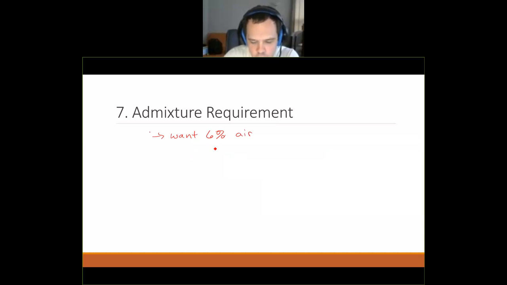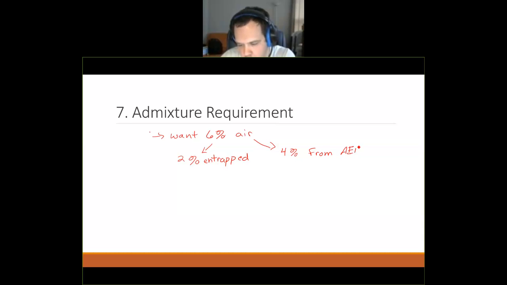We can assume this 6% is going to be broken up into about 2% entrapped, and 4% then has to be accomplished by chemicals. Specifically AEA, air entraining admixture.